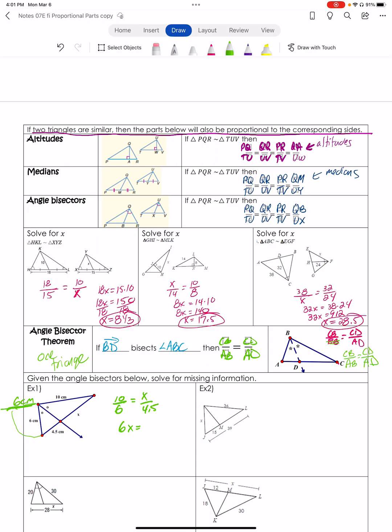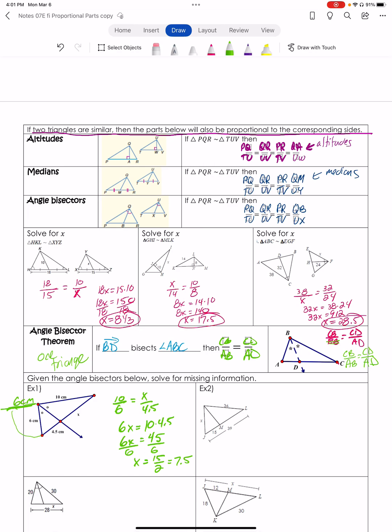So 6x is equal to 10 times 4.5. 6x is equal to 45. Divide by 6, x is equal to 15 over 2, which is 7.5, I believe.